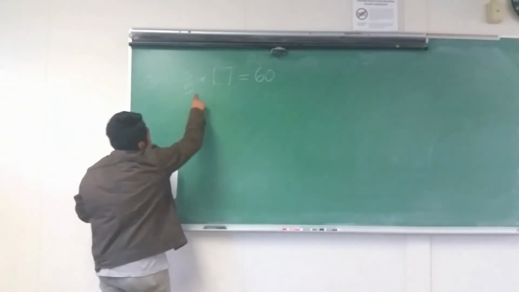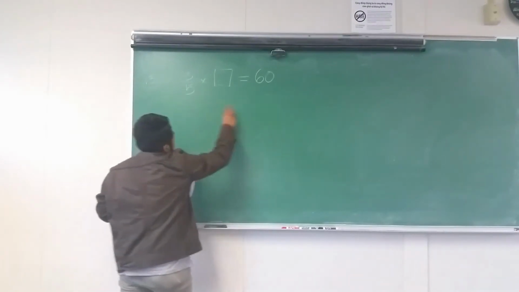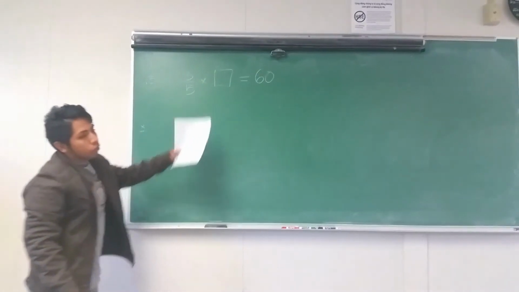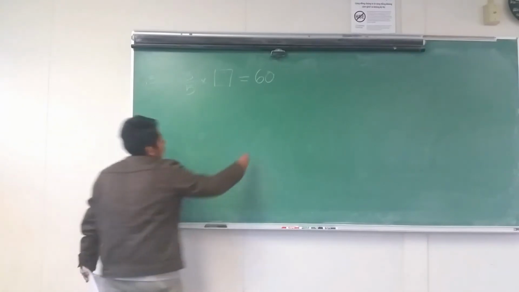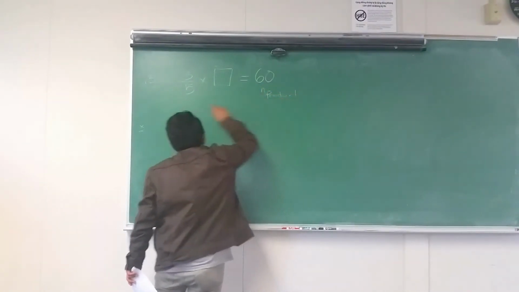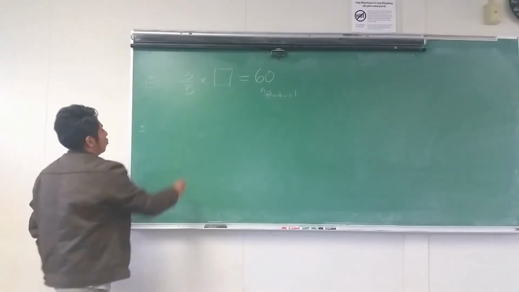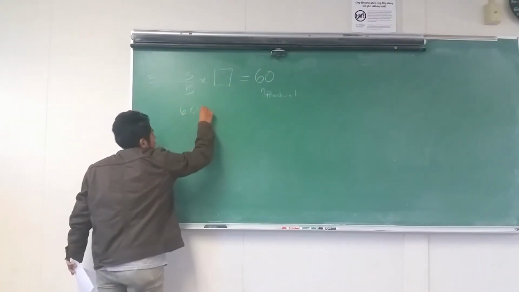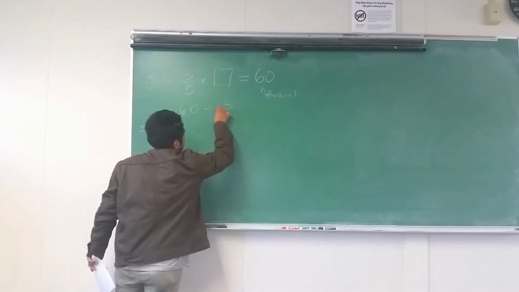What are we missing here? If these two are the multipliers, this is the product. Therefore, if we're missing a multiplier, we have to divide. We divide the product by the non-multiplier, which is 3/5. So let's do 60 divided by 3/5.